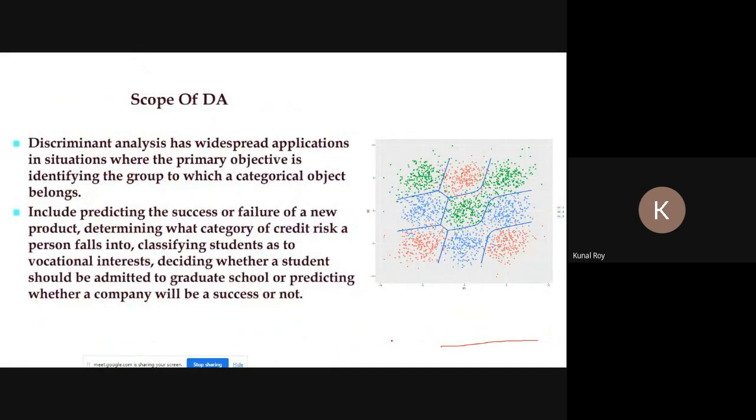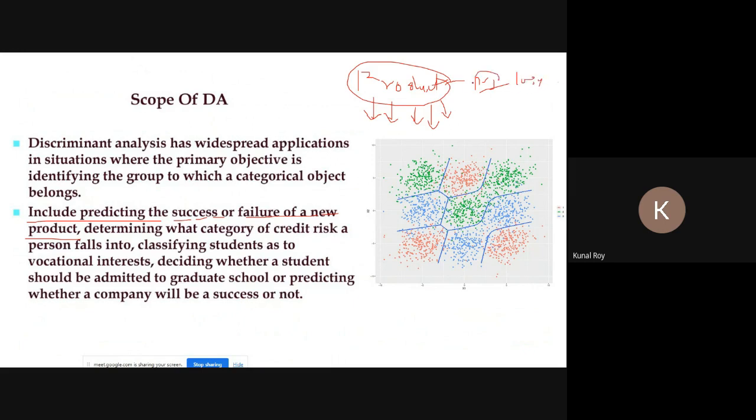So next, what could be the scope behind this? How can we use discriminant analysis in various scopes? I have given some examples. First is predicting the success or failure of a new product. Suppose a new product is launched, but I don't know what the future result for this product could be, whether it can give us a profit or a loss.